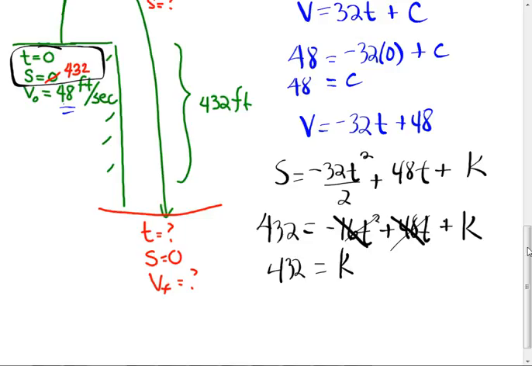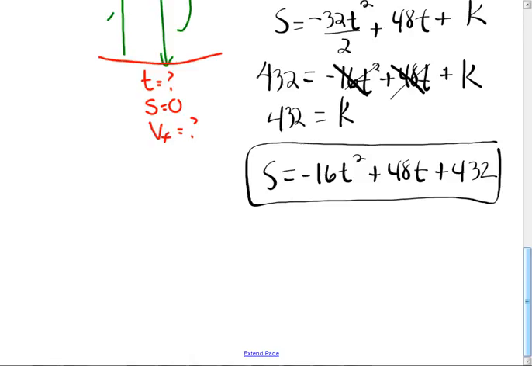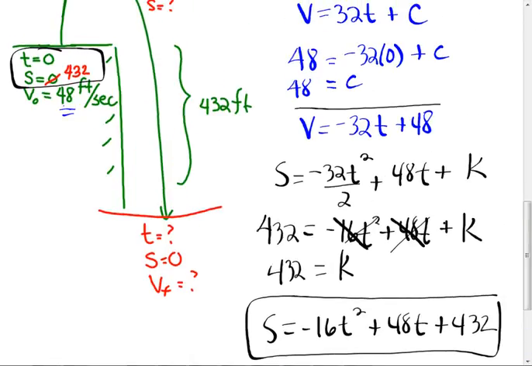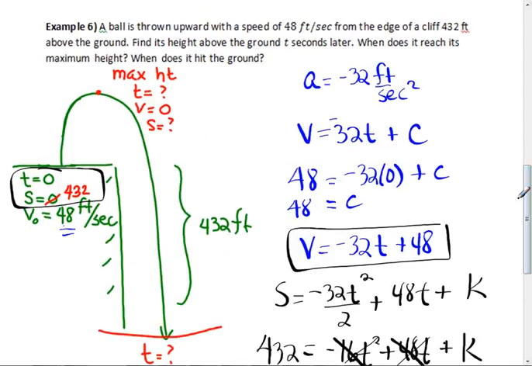Now, you might have known the equations, which is fine. So it's negative 16t squared plus 48t plus 432. And then we can just use these equations. So I have this one, and I have my velocity here. To get the maximum height, what's true about the velocity? We have it right in here.